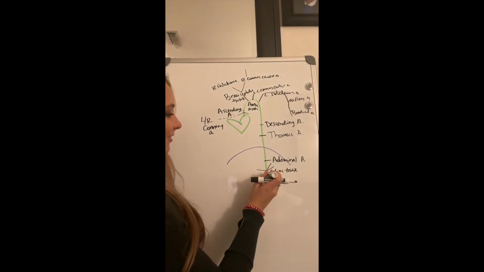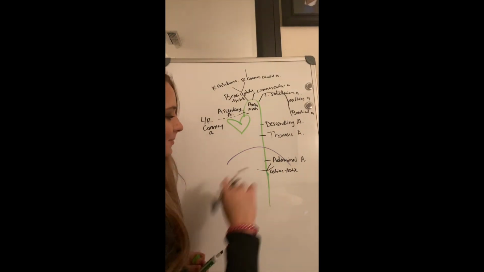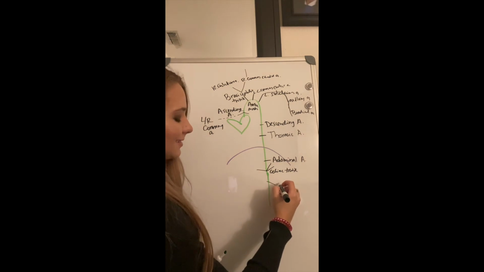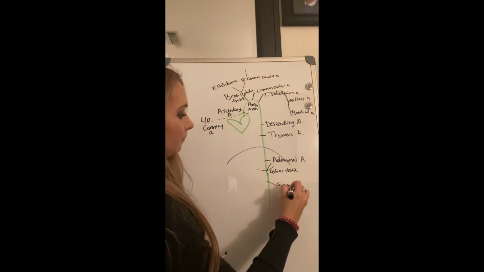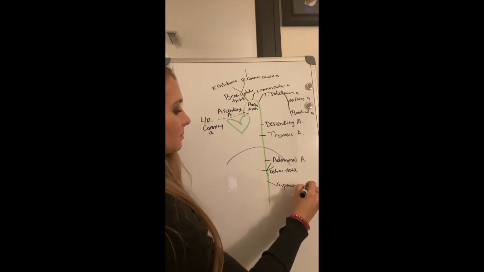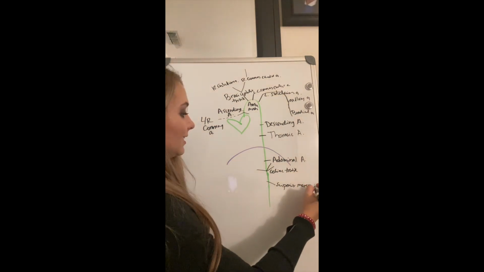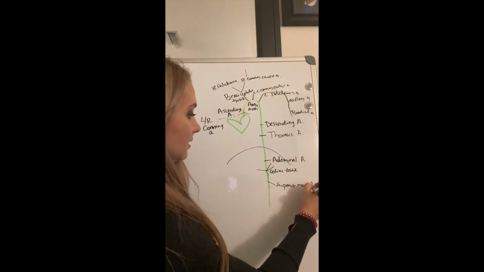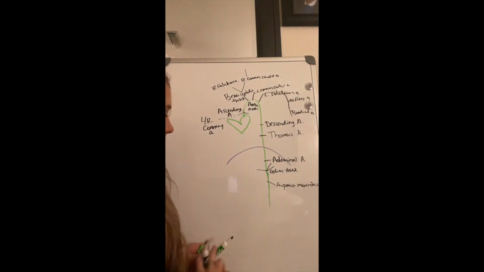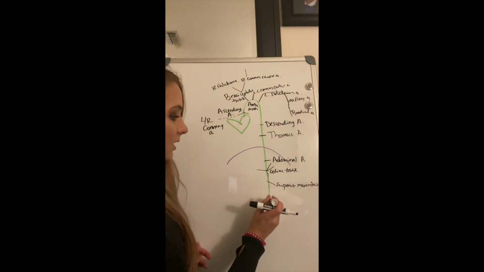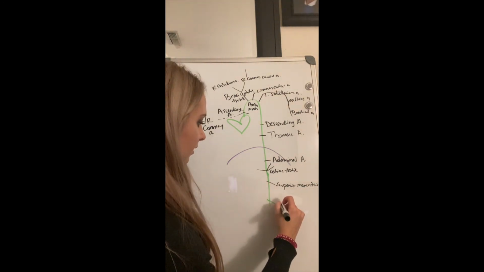You also have, on the abdominal aorta, the superior mesenteric artery, which supplies blood to the small intestine, mesenteric. And then you also have something called the inferior mesenteric artery.